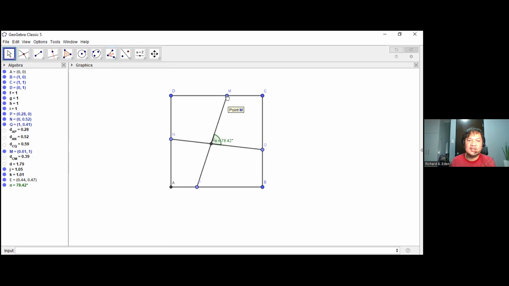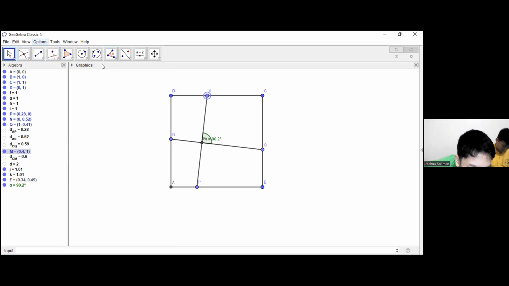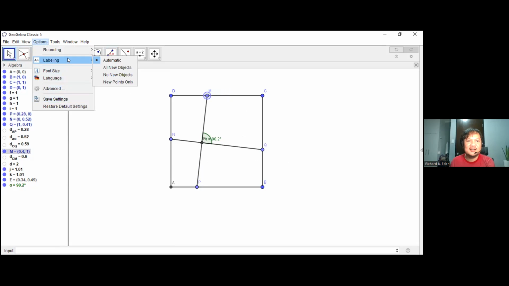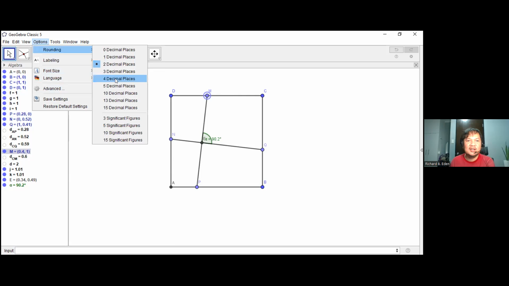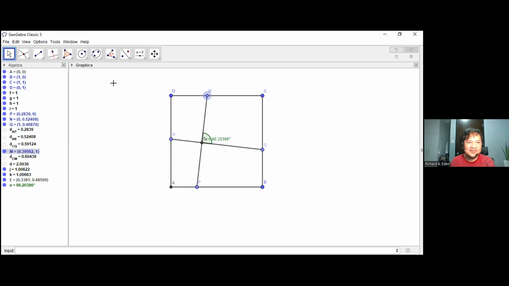So the distance D is 1.79. If you make it 2, well, okay, 90.2 degrees, but, well, it's approximation. Kasi maybe that's not yet exact, so we can make that 90 exactly by rounding, say 5 decimal places. And the distance is 2.0036.